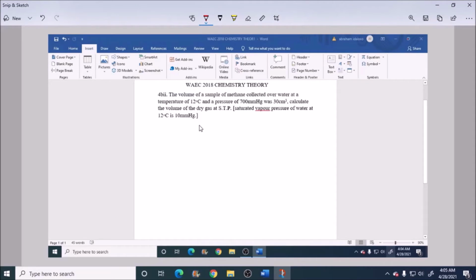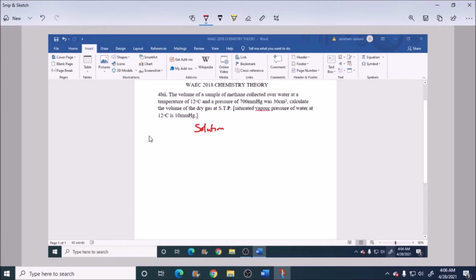So we have the volume of a sample of methane collected over water vapor. We should know here that this gas is collected over water vapor, so it is likely to be saturated with water vapor.